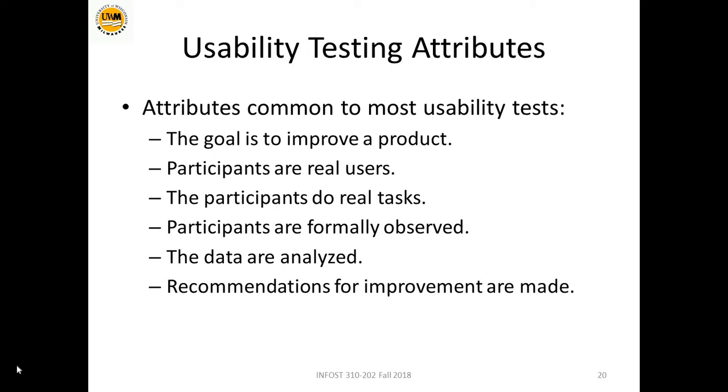Those participants should be formally observed by observers and by testers. The data collected should be categorized and analyzed, and then recommendations should be made for improvements and future updates.